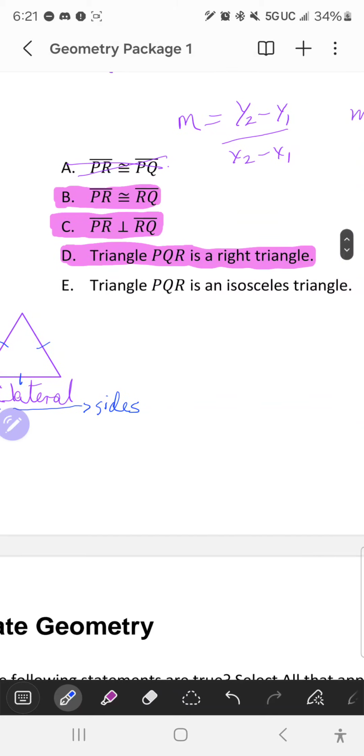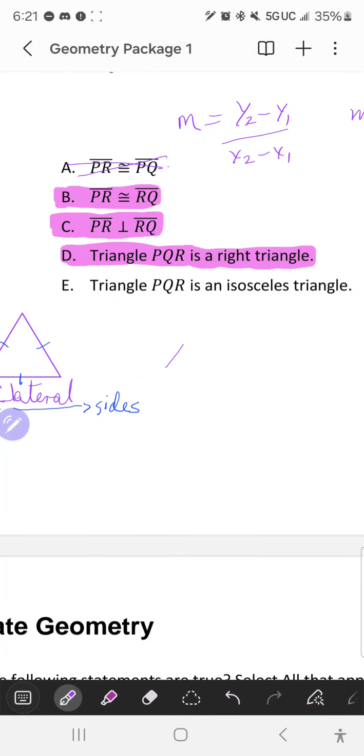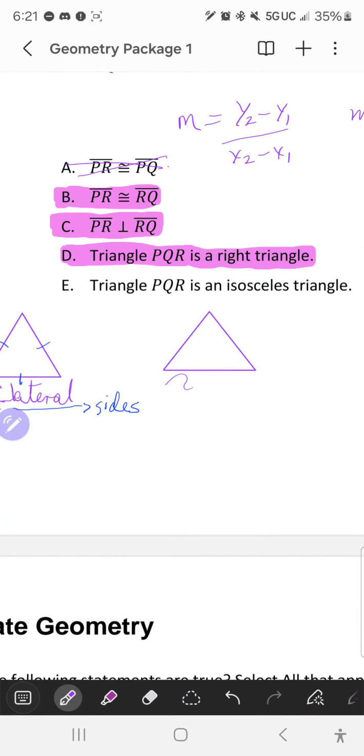Now, the next one is an isosceles triangle. Let me write this the same.